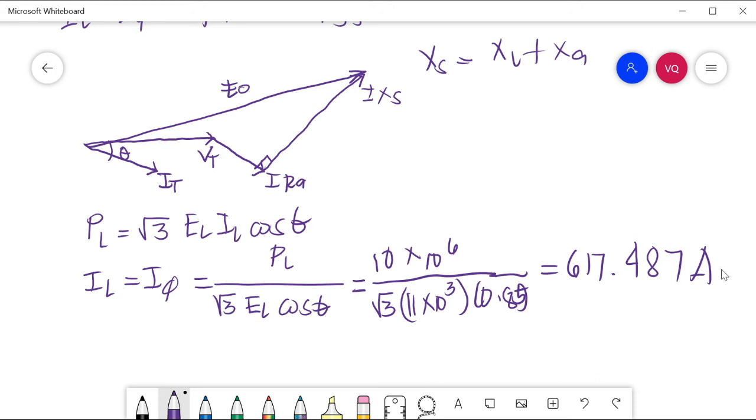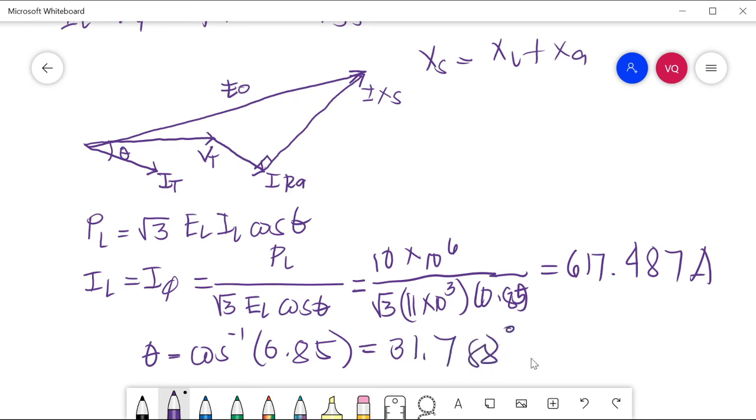So what will be the angle of your line current? It is the arc cosine of your power factor. So arc cosine of 0.85 is equal to 31.788 degrees.